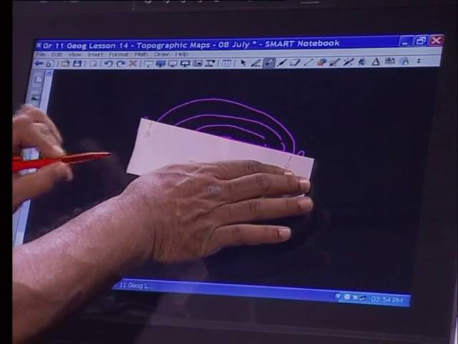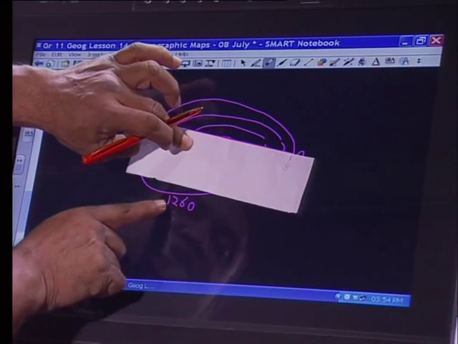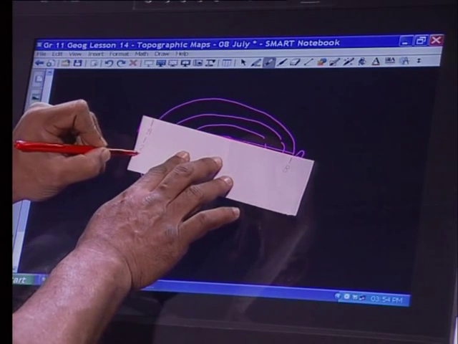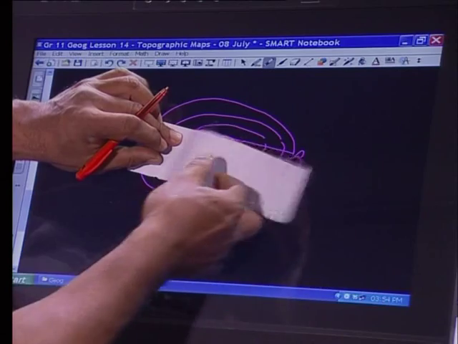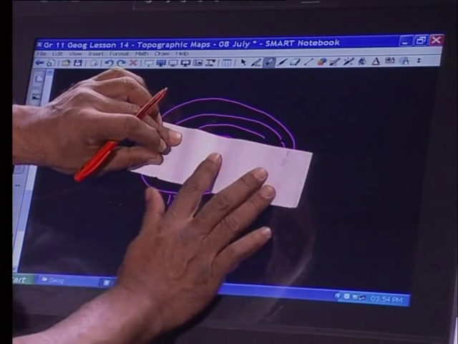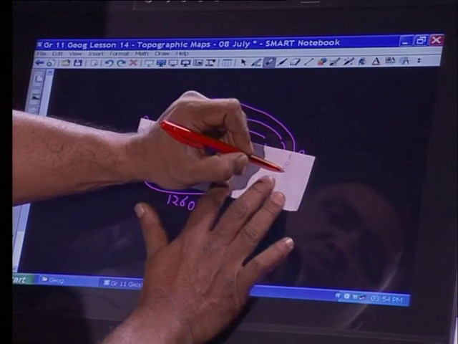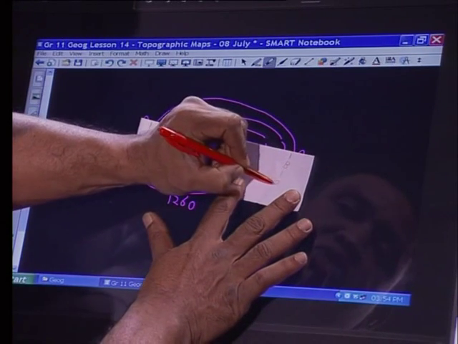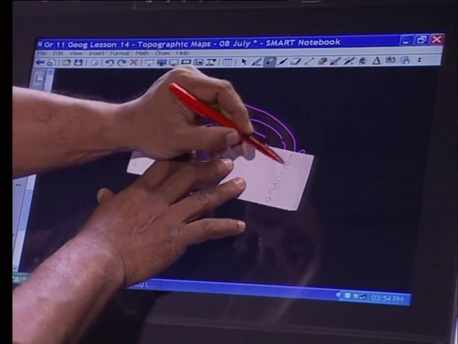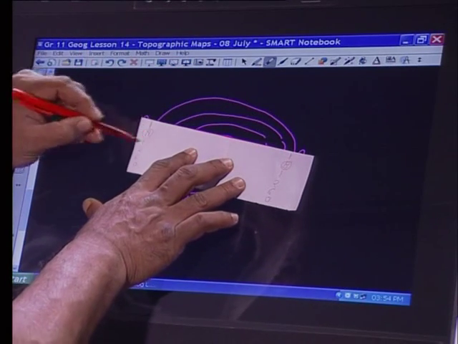So I know A, if I look at my reading, is 1,260. And if I look at B, it's also 1,260. So I've got 2 points of 1,260. That is my B, that's my A.